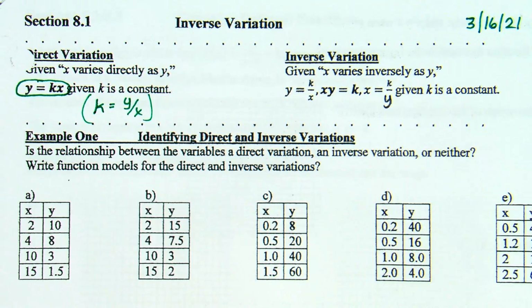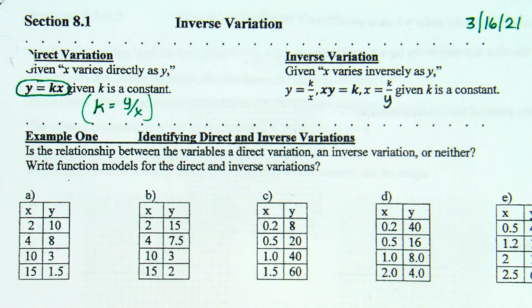So we'll use both of those equations in reference to direct variation. Y equals kx or k equals y over x, depending on if we're trying to find the k value or if we're trying to write an equation. Okay, so direct variation, there's that multiplication relationship. It's a constant times the x variable.